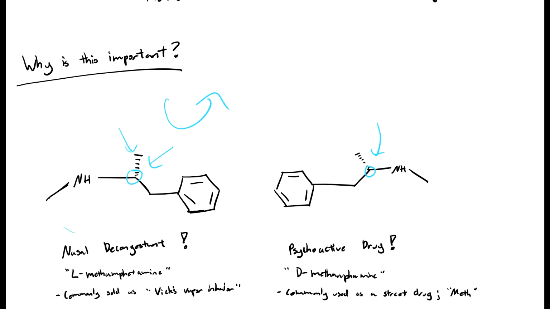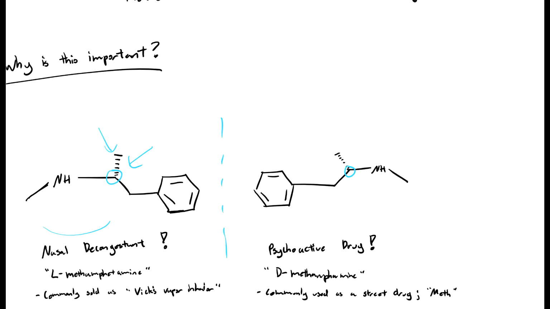If you rotate this whole compound 180 degrees and overlap it with the D-methamphetamine on the right, would it be exactly the same? The answer is no, because this will shift out of the plane. It will be a wedged group, not dashed, which makes it an enantiomer. If you think about a mirror here, D- and L-methamphetamine are mirror images of each other.